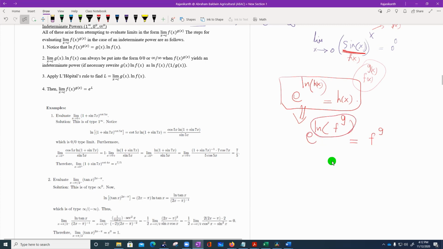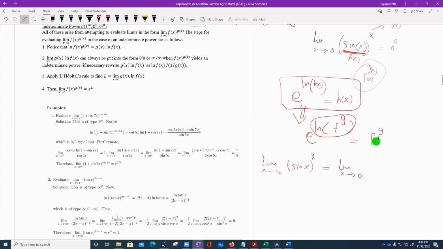Okay? So the limit as x goes to 0 of sine x to the power x is always equal to the limit as x goes to 0. Now you could think of this as the f function, this as the g function, and this as f to the power g.